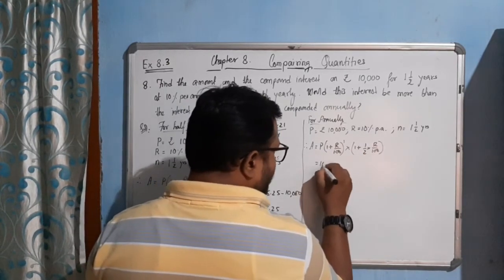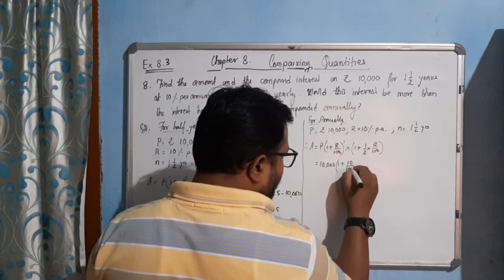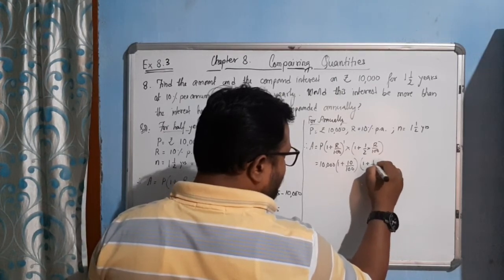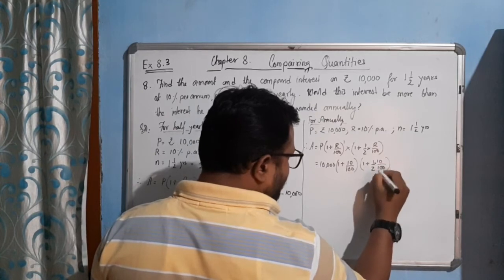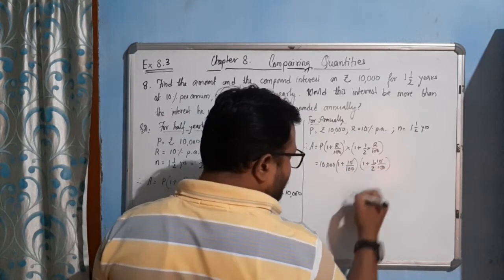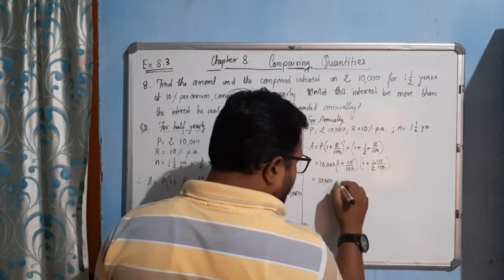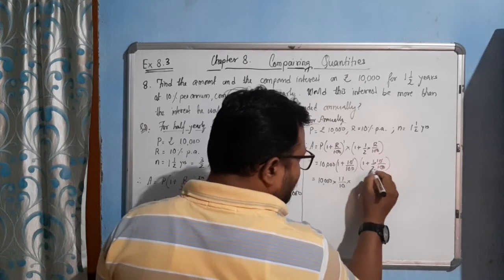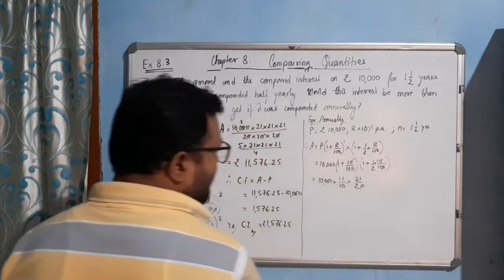Okay. Now 10,000, 1 plus 10/100. Okay, again 1 plus 1/2 of 10/100. 0 cancel, 0 cancel. Look here: 10,000 into 11/10 into 21/20. Is that clear?